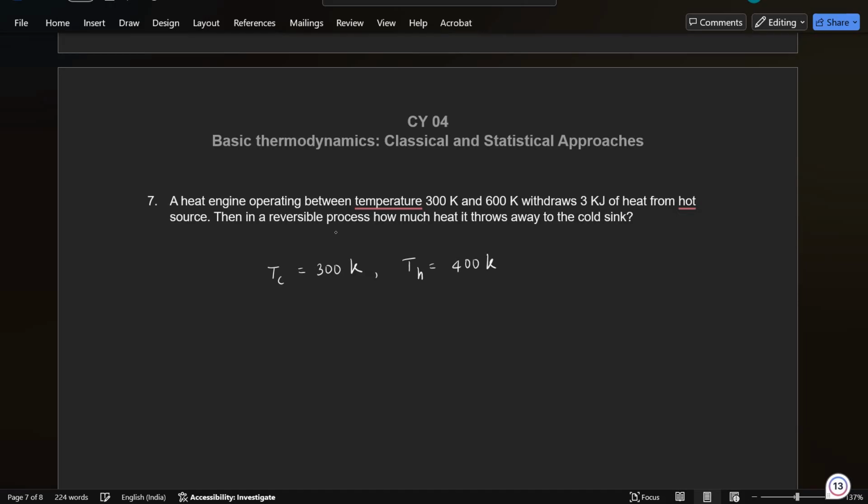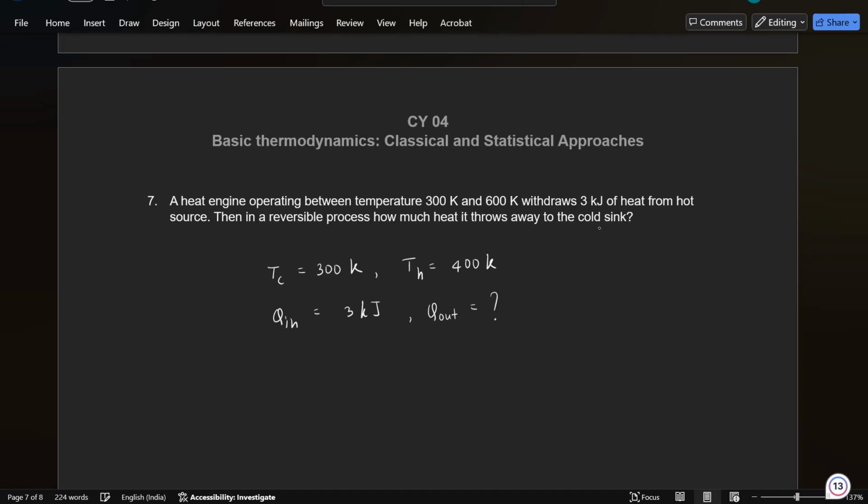We have Q in. How much is Q in? 3 kilojoules. And they are asking us what is the Q out into the cold sink.